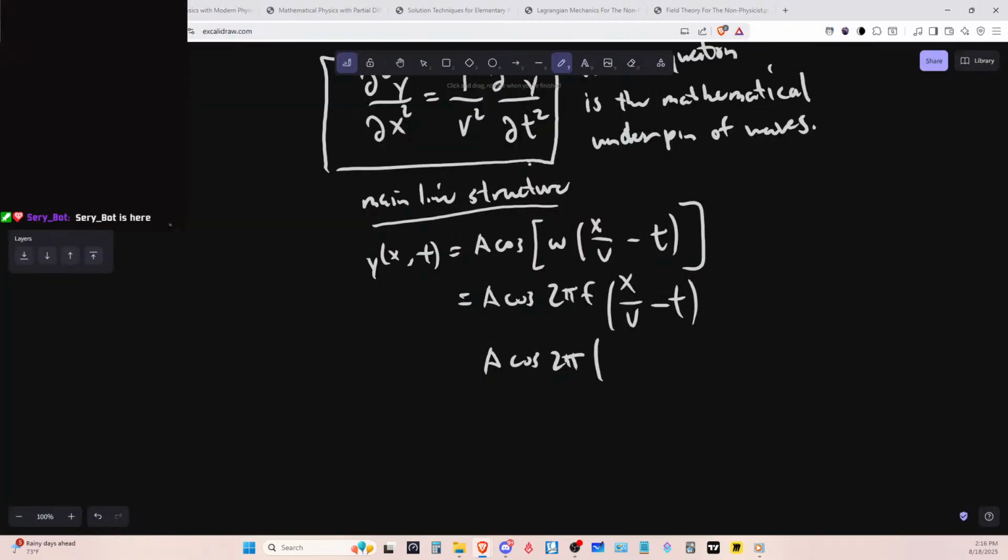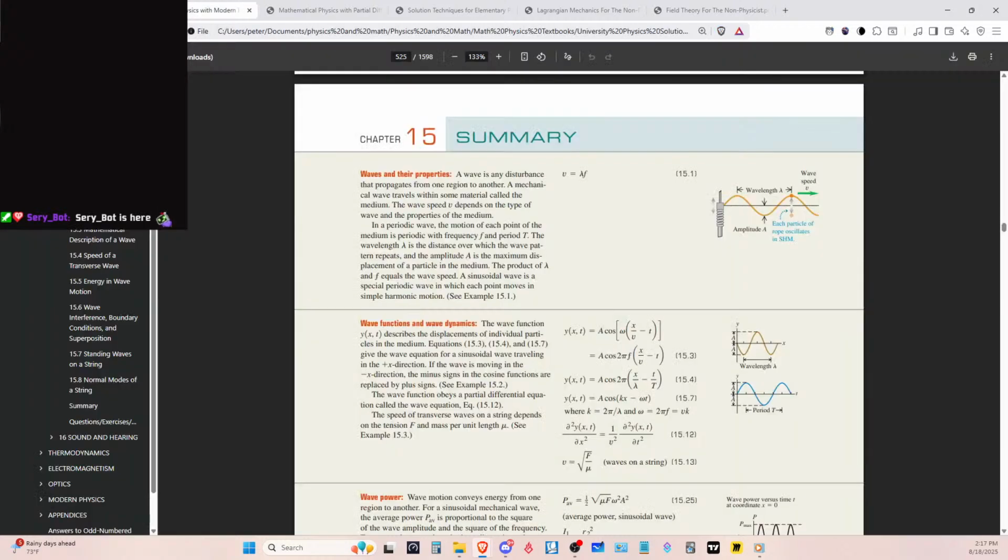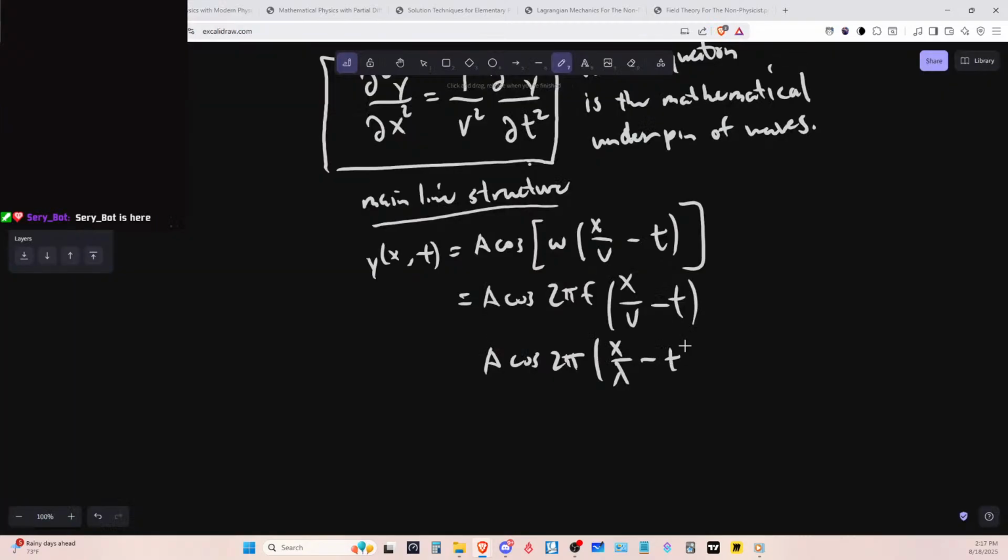That makes sense. Oh no, not frequency. It's supposed to be lambda, and then time, and I think they break it down even more.